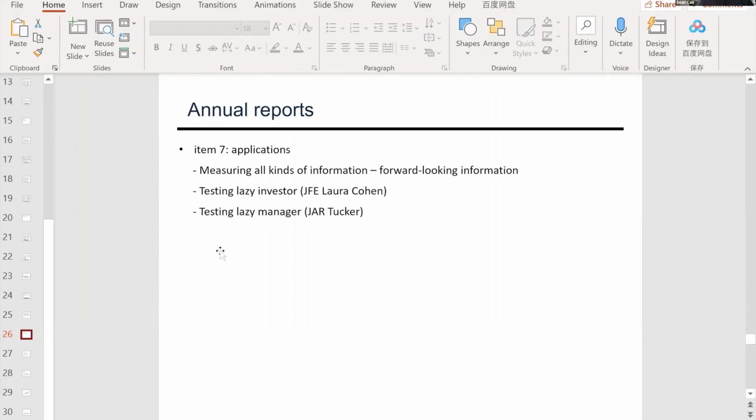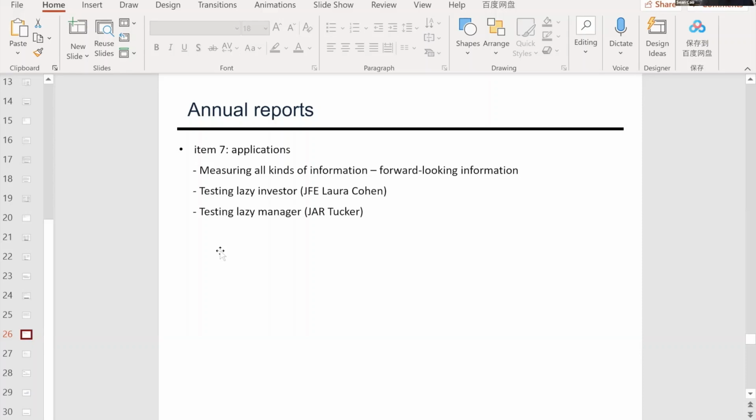Sometimes this year's Item 7 is almost exactly the same as last year's Item 7. When you find that this year's discussion is the same as last year's, what does that mean? It means the manager, the CEO, is lazy. They just file boilerplate. They just keep talking about things in the past. These are the lazy managers.